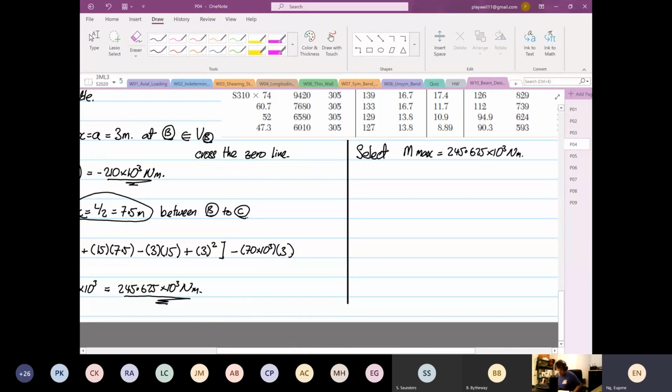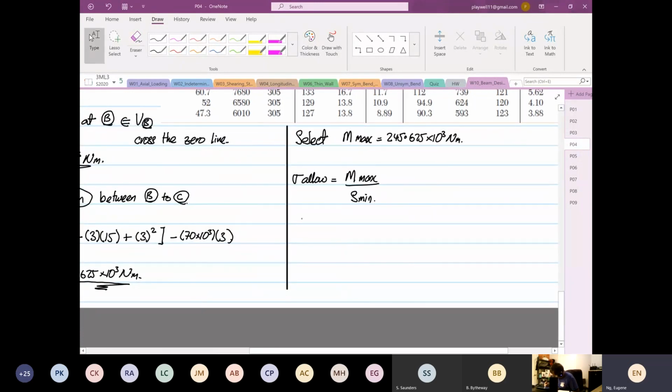Okay, so we're going to calculate the stress allowable, or we know the stress allowable is equal to Mx divided by the minimum S that we can get away with. Okay, we are not finding the maximum S, we're going to find the minimum S. So the S is the minimum, means you cannot go below that.